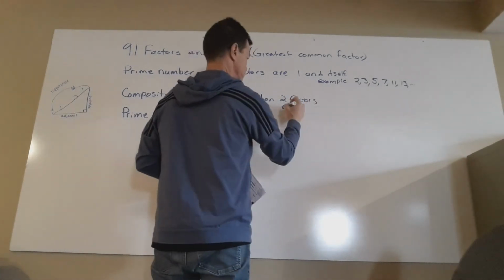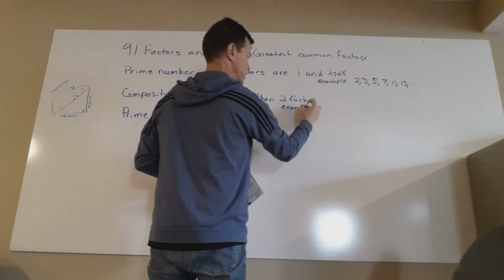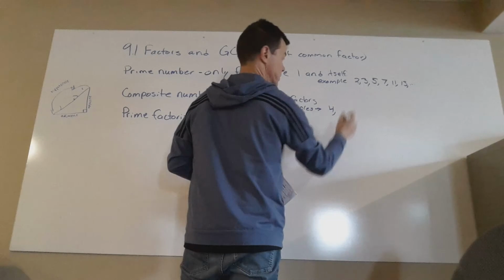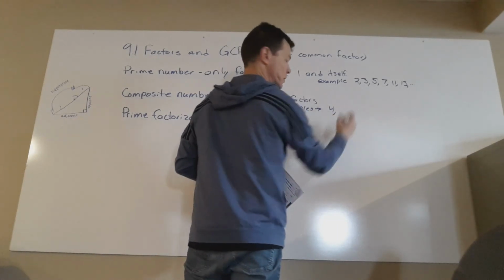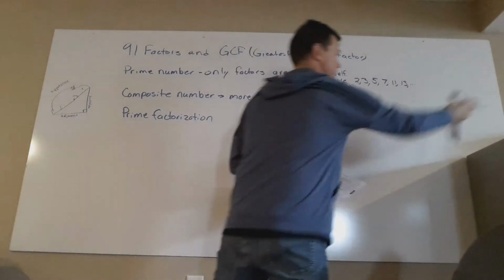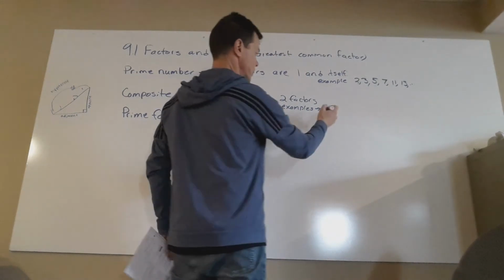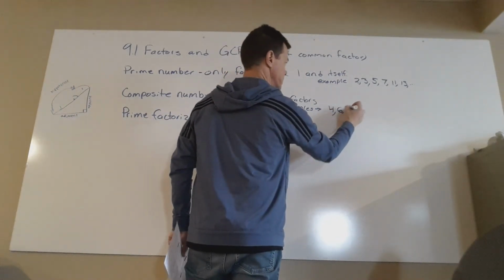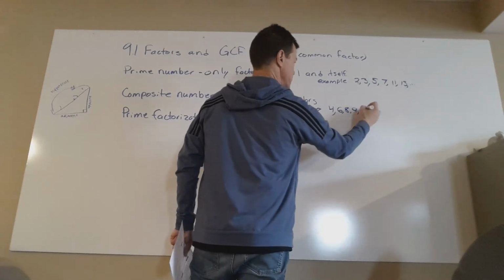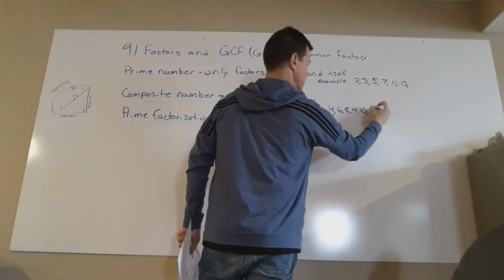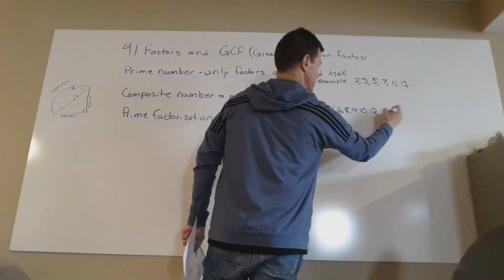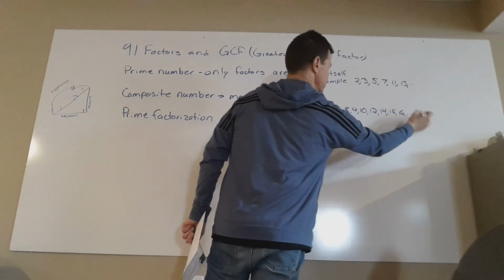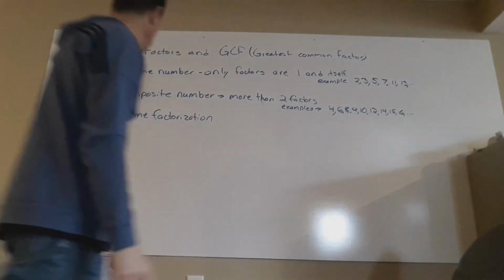And examples of composites: 4, with factors 1, 2, and 4. 6, 8, 9, 10, 12, 14, 15, 16, and continues on forever also.